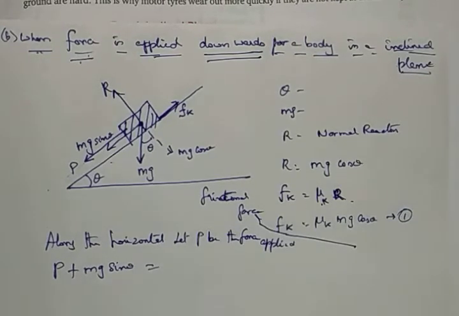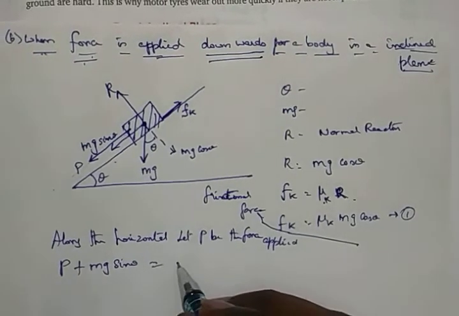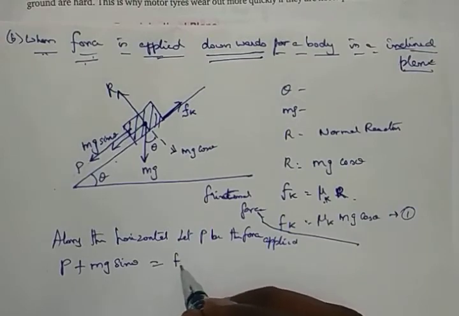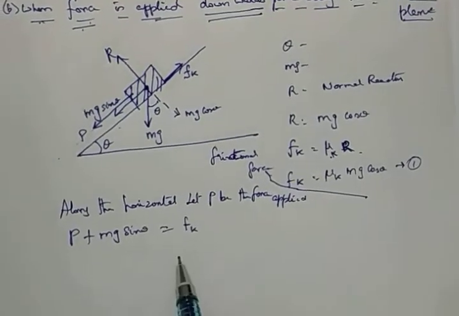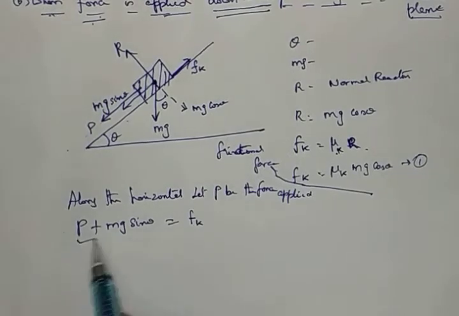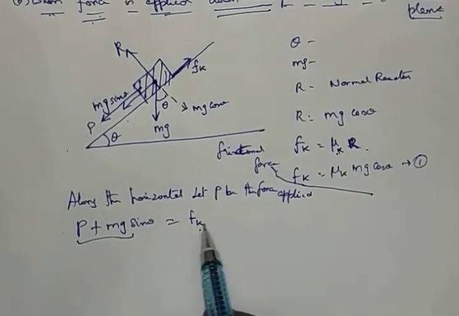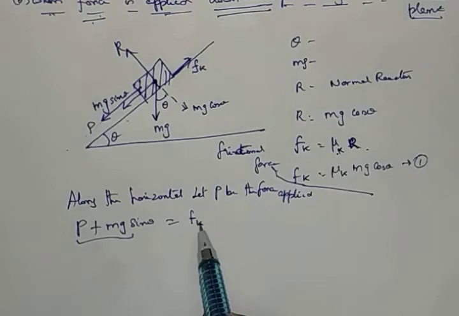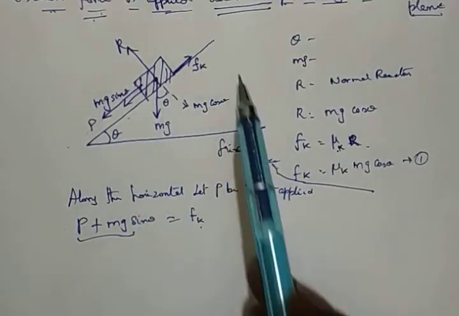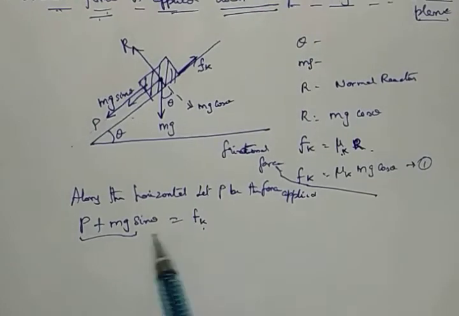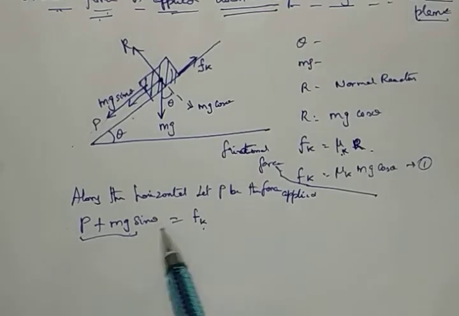So it's equal to Fk. But you cannot really write this equation at all. These two things are not balancing this one. You can never write it this way because the frictional force is always subtracted from anything. I have just written this for understanding, but later on we need to cancel this expression. Never write this expression in the examination.